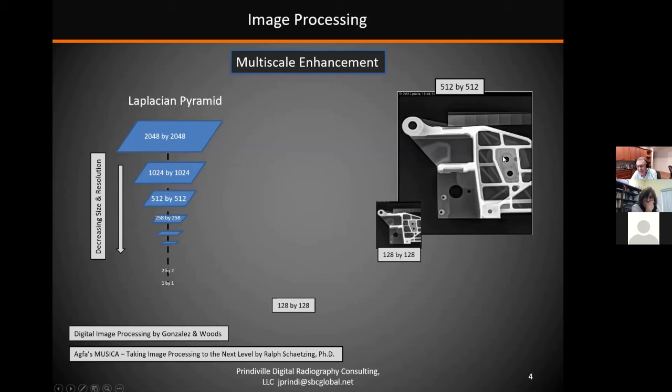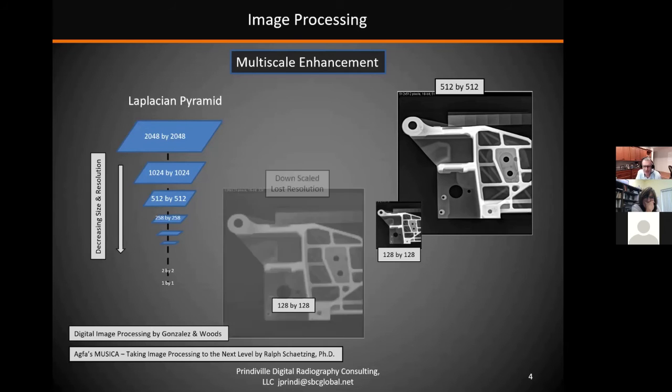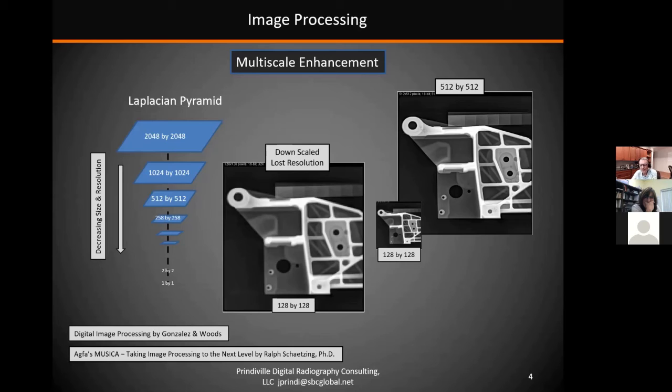Over here, just to demonstrate that, I've taken a 512 by 512 image and scaled it down to 128 by 128. Well, you can pretty much anticipate what happens when I do that. Here's my 512 by 512 image. Now I take it down to 128 by 128, and it's obviously a lot blurrier, a lot blockier.